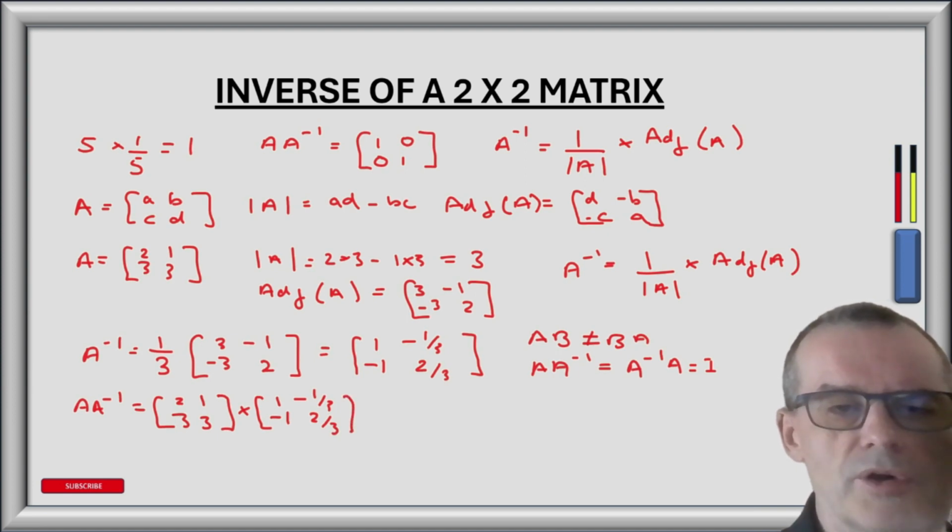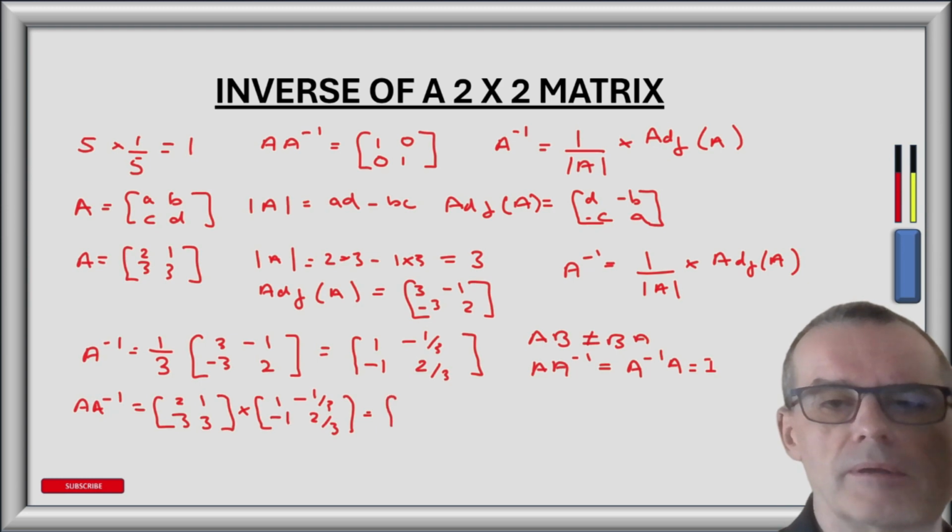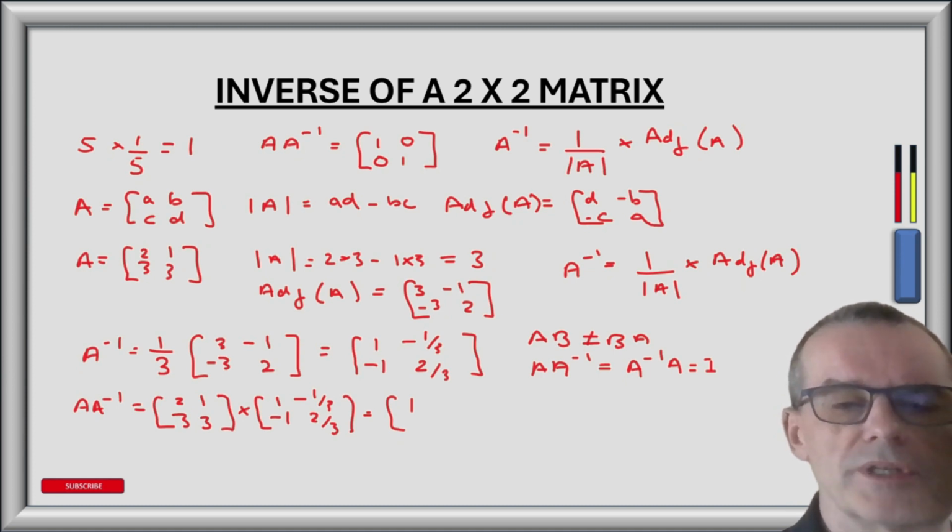If we multiply the rows from A by the columns from the inverse matrix, we have 2 times 1 minus 1, so we have a 1 there. And then we have 2 times minus 1/3, which is minus 2/3, and 1 times plus 2/3, that equals 0.